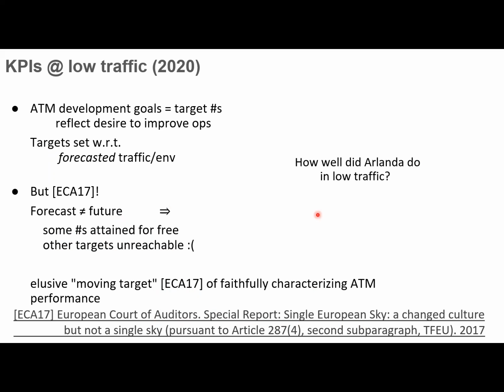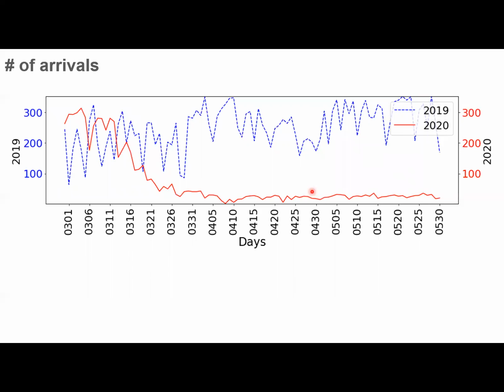So what we wanted to look at is how the decrease of the traffic this year impacted the KPIs at Arlanda. And here are a few results. Well, this is the number of arrivals. So the red is 2020. You see that the number of arrivals goes down in March, May.